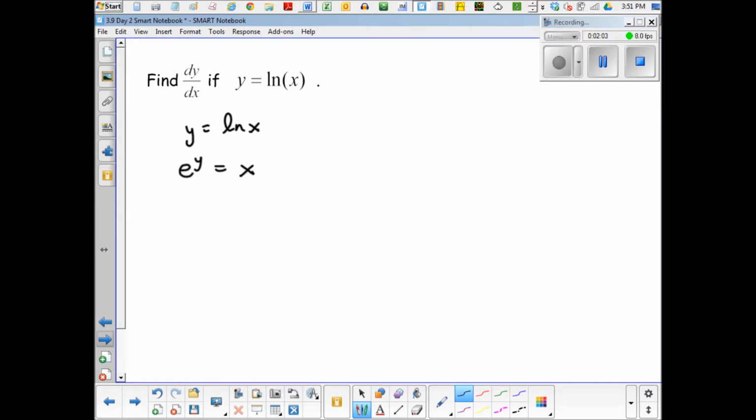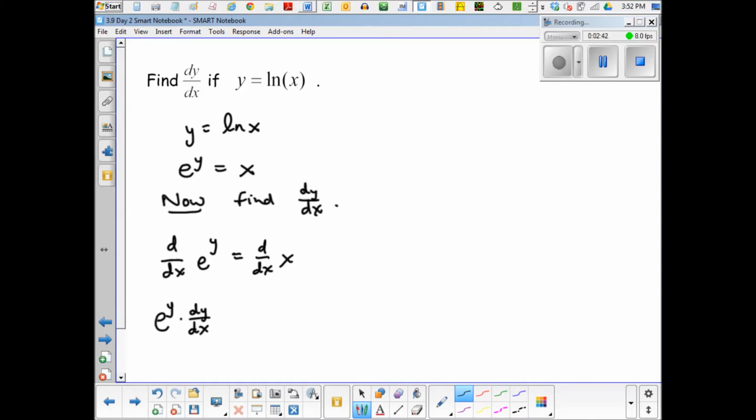e to the y equals x. This is the inverse form. I take the derivative now. Now find dy dx. Okay, so if we find d dx on both sides, the derivative of e to the something is just e to the something times the something prime.